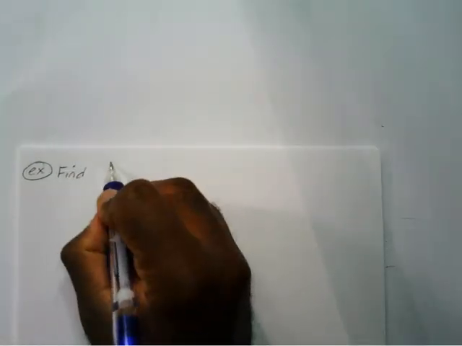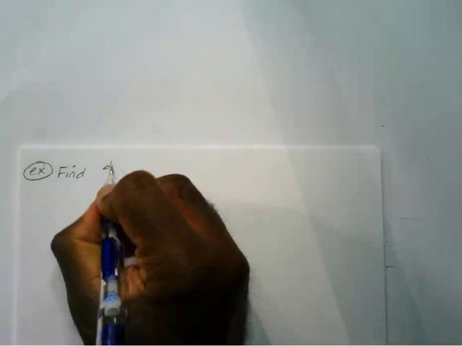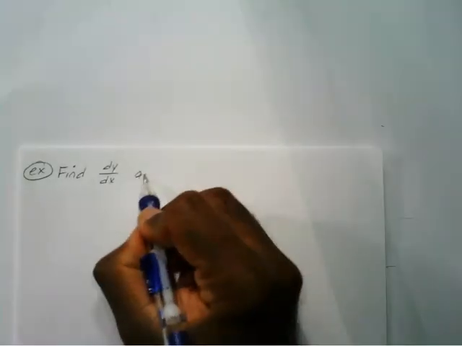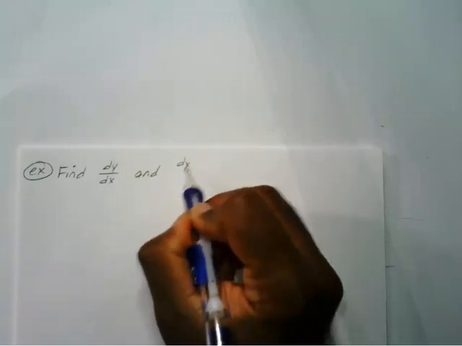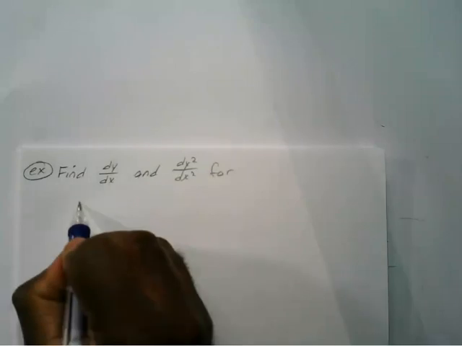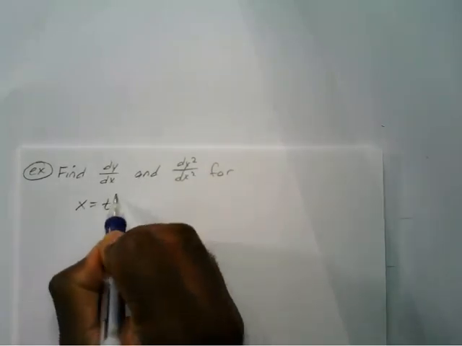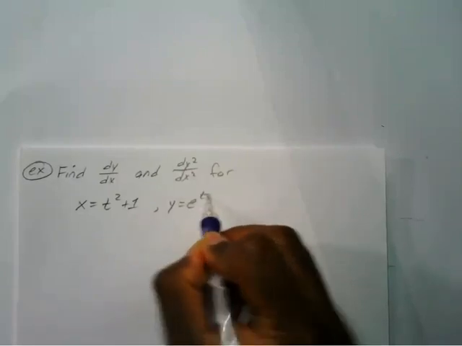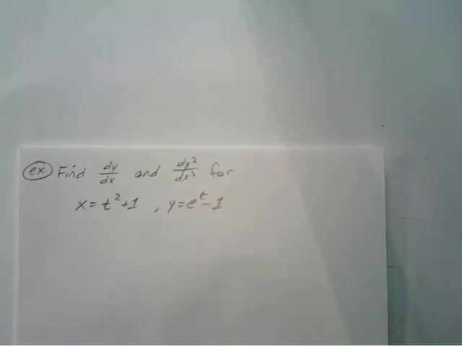Okay, so for example, we want to find dy/dx and your second derivative for x equals t squared plus 1, y equals e to the power of t minus 1.